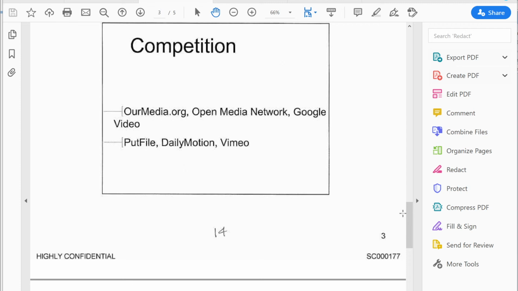So as it turned out, Google bought YouTube and turned YouTube into the Google Video replacement. And on the second line, Putfile, Dailymotion, I think still around. Vimeo is certainly around, and as somewhat of a competitor to YouTube, they kind of pivoted a little bit in their strategy because YouTube got so big.